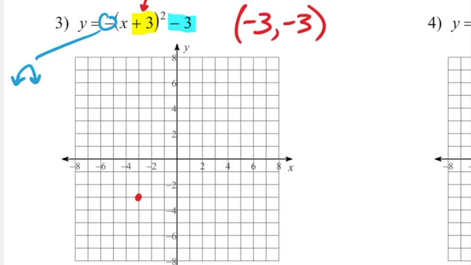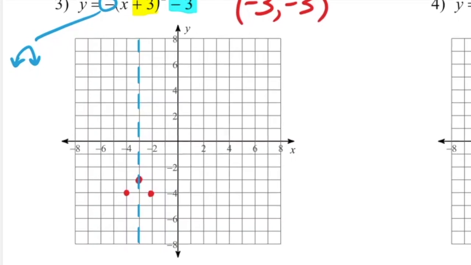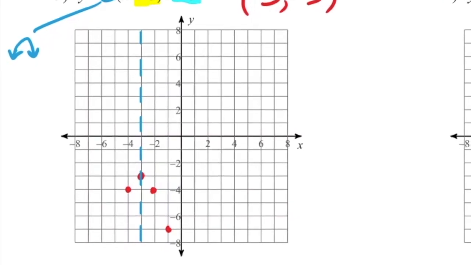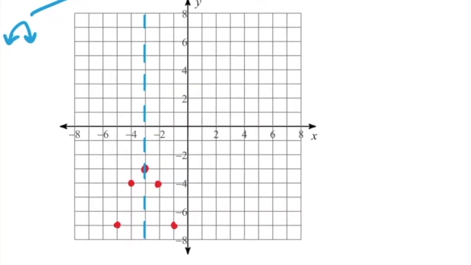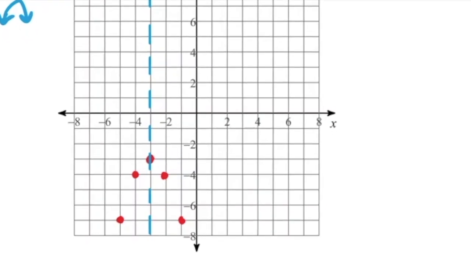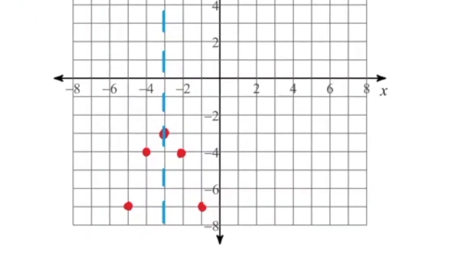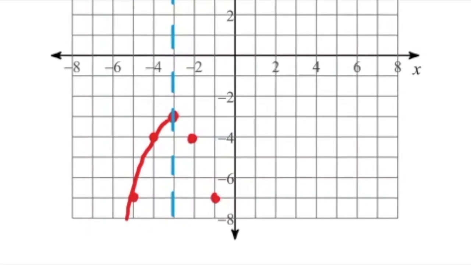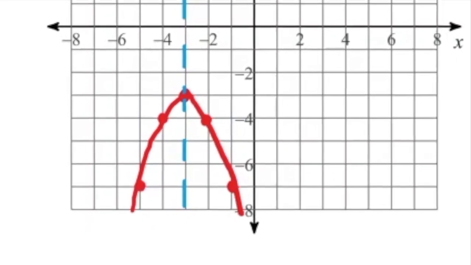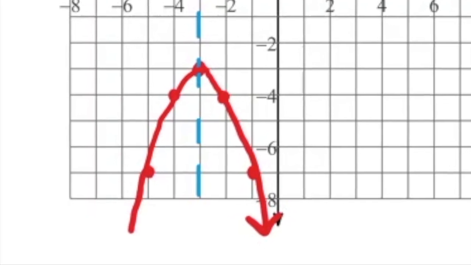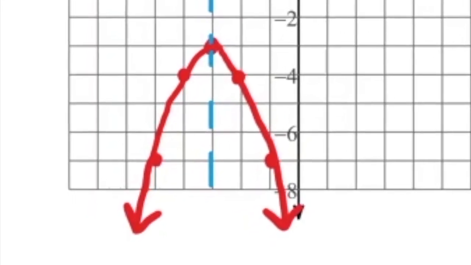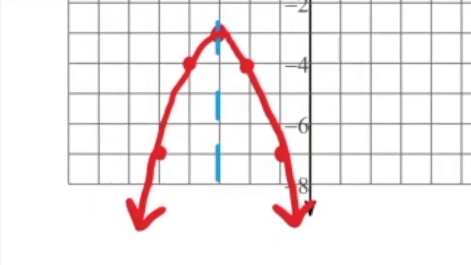So I'm going to go down 1 and over 1 on both sides. I'm going to go down 3 and over 1 on both sides of the axis of symmetry. There's my 5 points. Connect them with a nice smooth curve, the best you can do. And there we go. Notice how I put arrows on the end, because that graph really does go on forever.